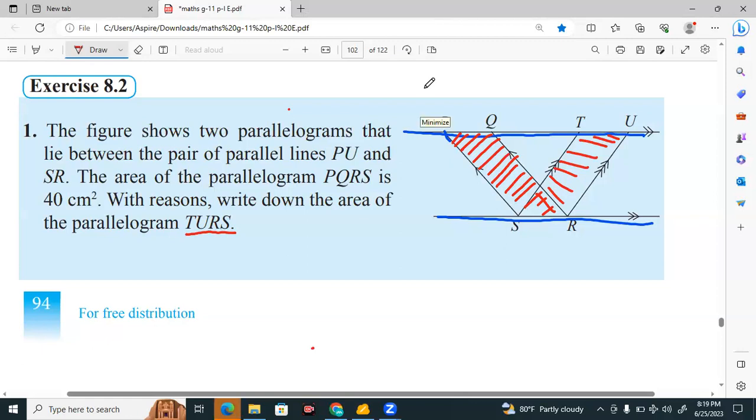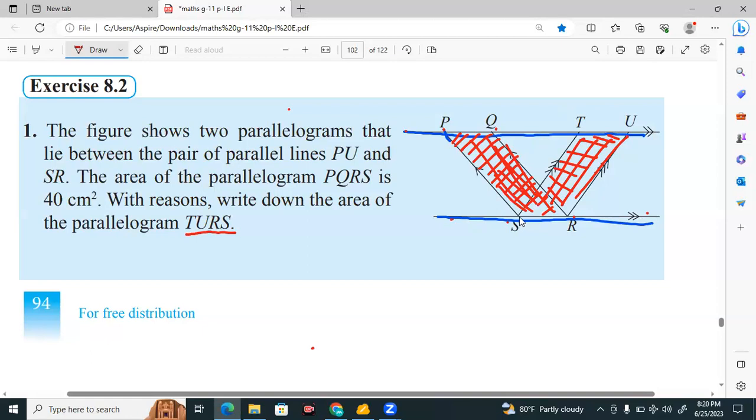40 square centimeters. Yes, because you can identify that parallelogram PQRS and parallelogram PURS are between two parallel straight line segments PU and SR. They lie between these two.